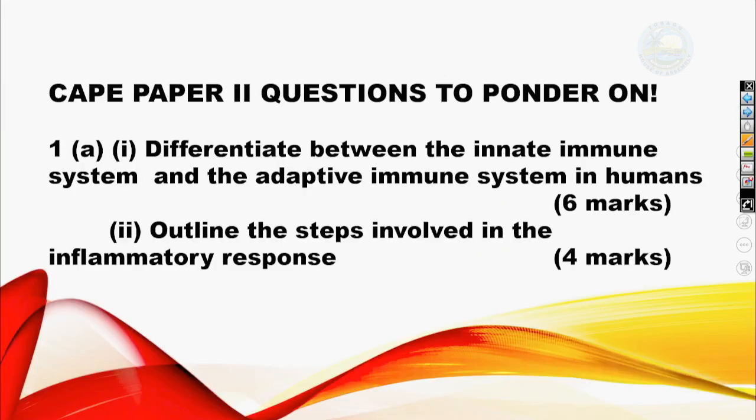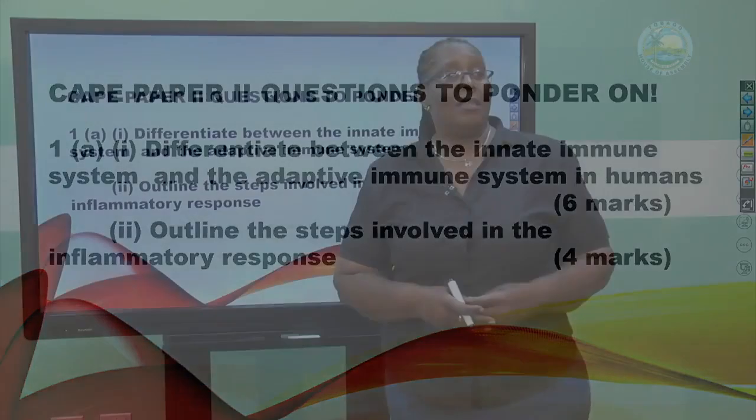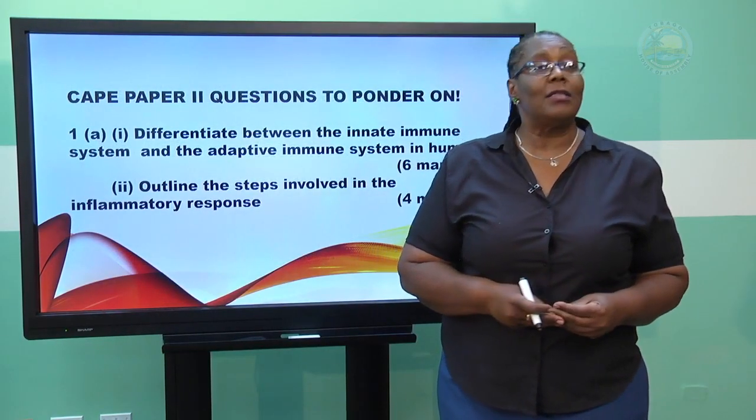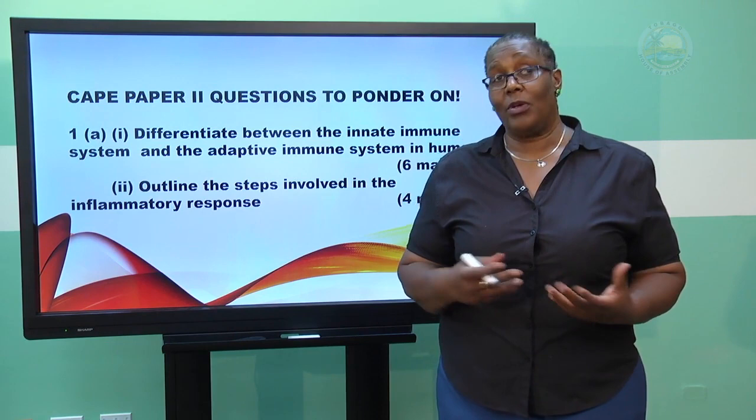Good? So, differentiate between the innate immune system and the adaptive immune system. If we go back, we see the innate immune system would be those things that we are born with, and you can list them, the physical things and the chemical structures that we are born with.